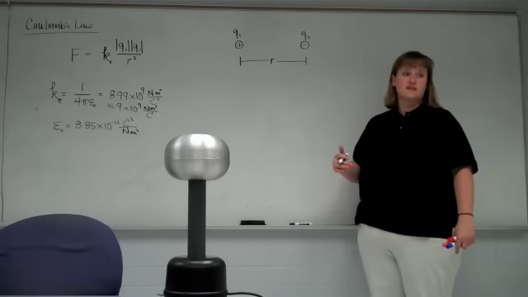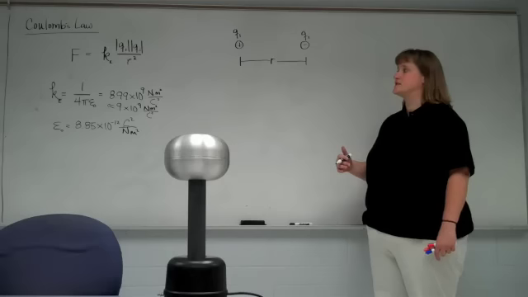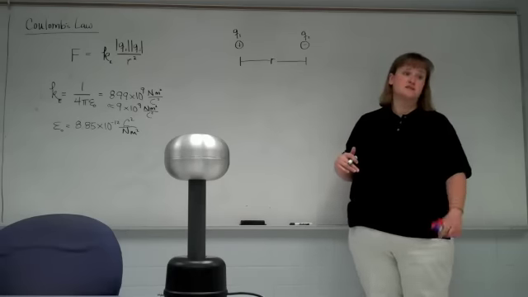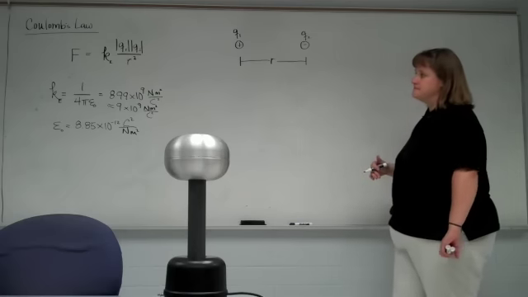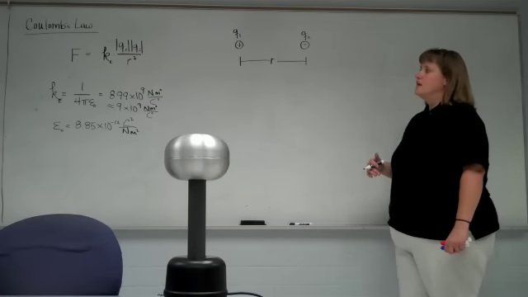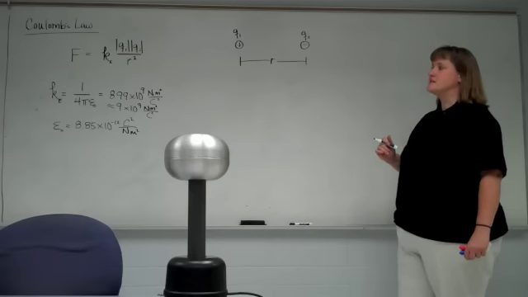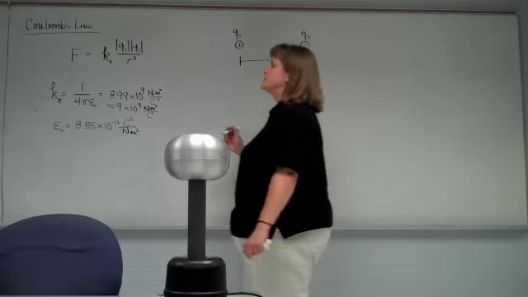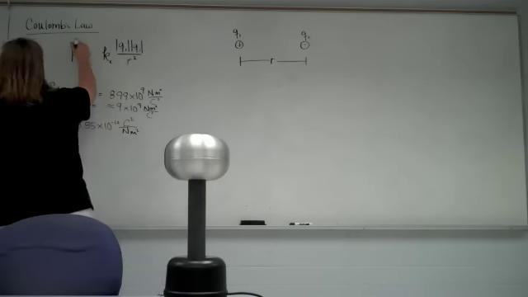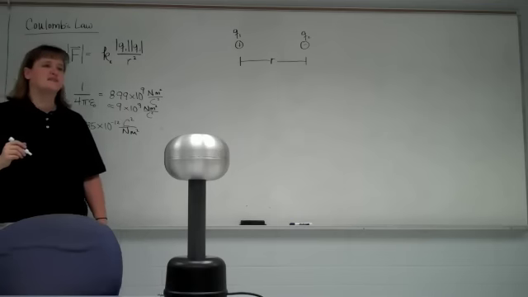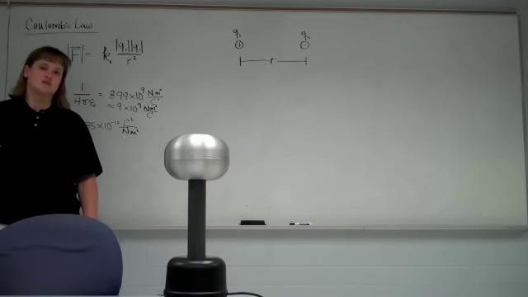Exactly, it looks very, very similar. Change out our Q's for masses and change out the constant, and we'd have it exactly right. This equation gives us the magnitude of the force. It will tell us how big the force is on our charge.